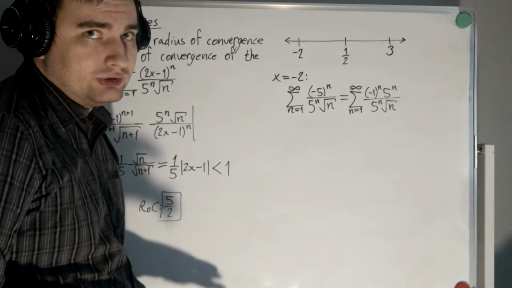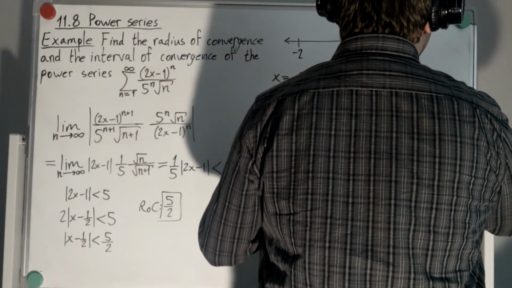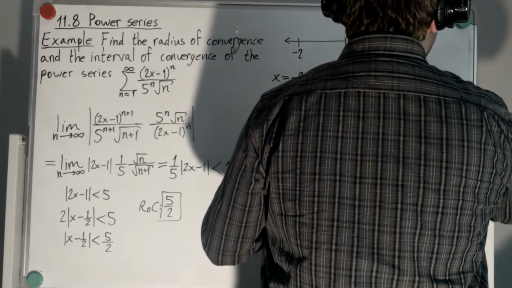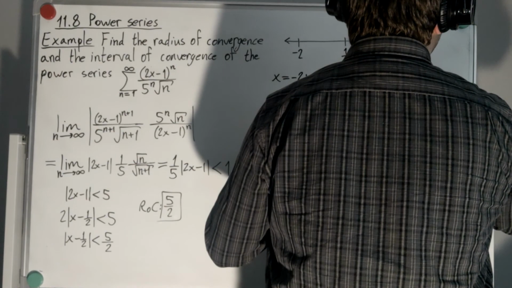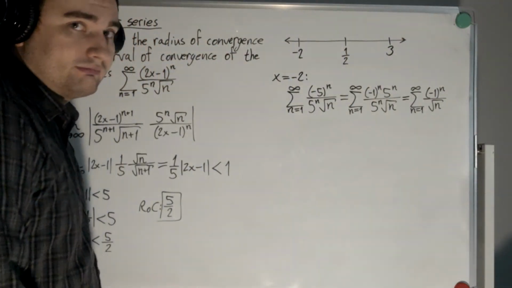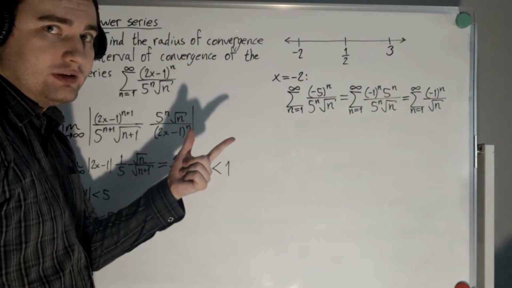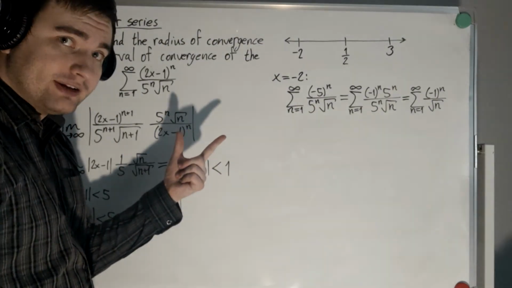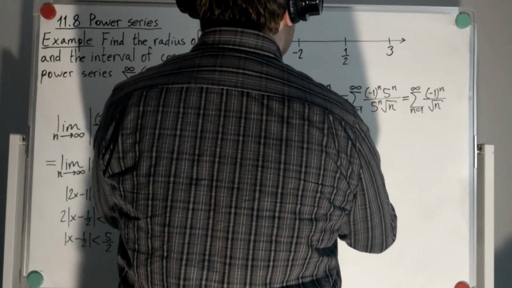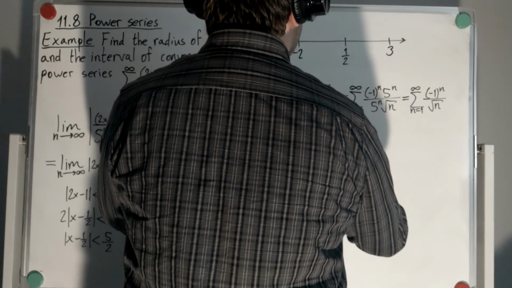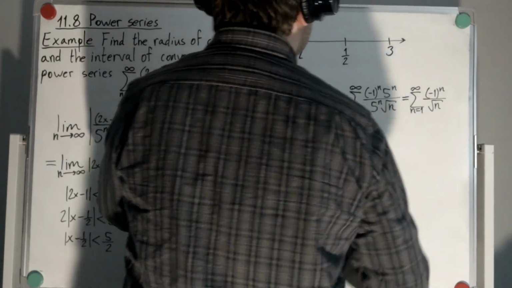The 5 to the n's cancel. So now this is just the sum from n equals 1 to infinity of (-1) to the n divided by the square root of n. Okay. That one is convergent by the alternating series test.